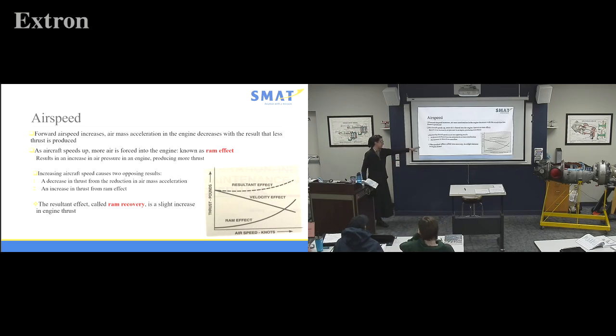Net result is ram recovery, so we have a slight increase in thrust. And here's the graph. If it's just velocity, our thrust drops off, but the ram effect brings it back, so the result is an overall increase in thrust.